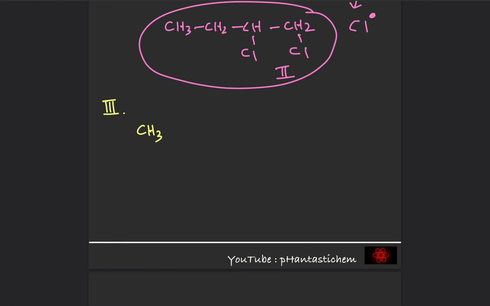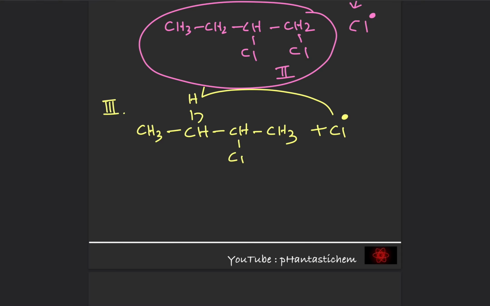So I will write it in this fashion: CH3CH2 CHCl CH3. So this will combine with Cl radical. So Cl radical will combine with this H, and this will result in the formation of HCl, and we will be left with CH3CH radical CHCl CH3.